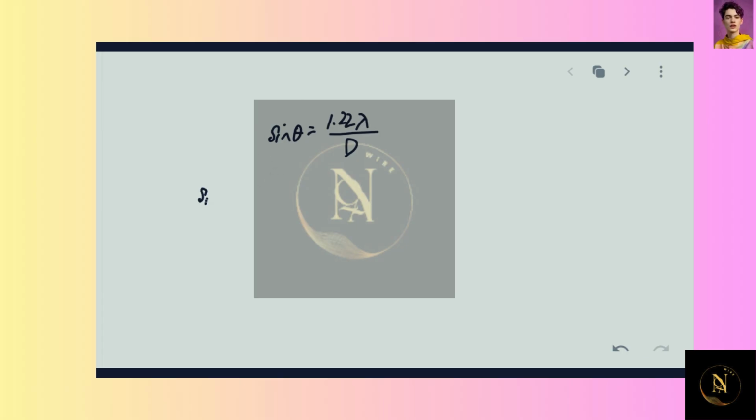So taking the angle of the proton and dividing it by the angle of the alpha particle, what we get is 1.22 lambda of the alpha, the wavelength of the alpha particle, divided by 1.22 times the wavelength of the proton.